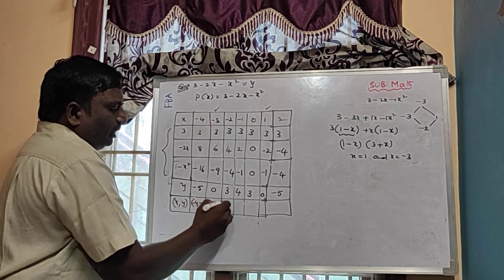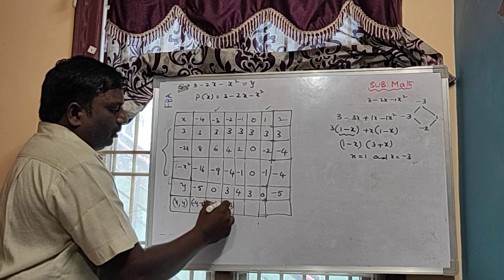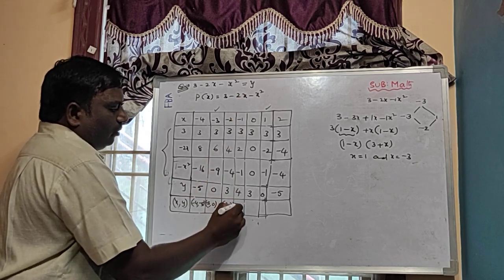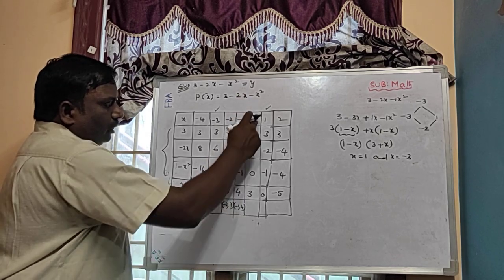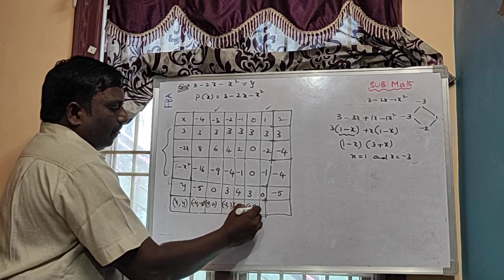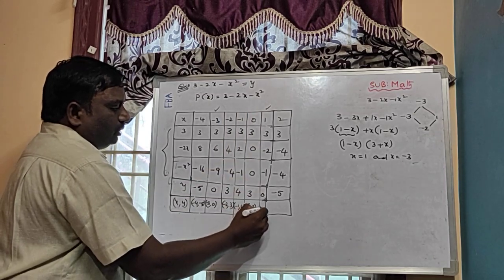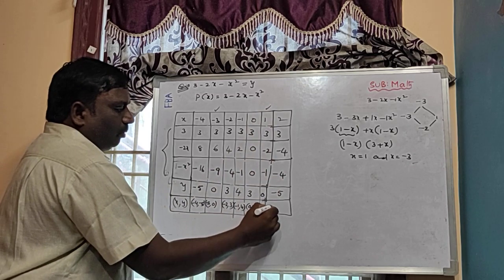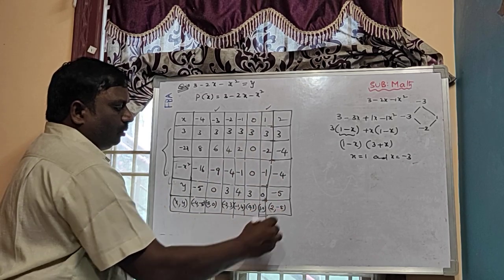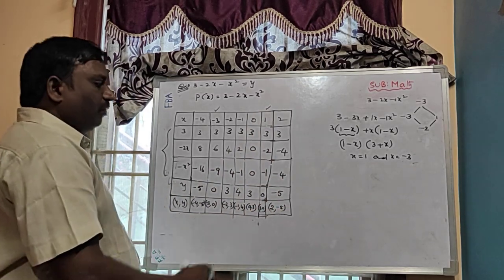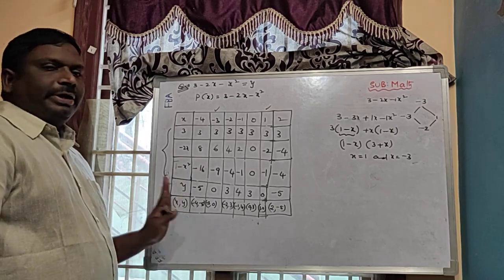Next, minus 2 comma 3. Next, minus 1 comma 4. 0 comma 3. 1 comma 0. 2 comma minus 5. These are the values we got from the table.